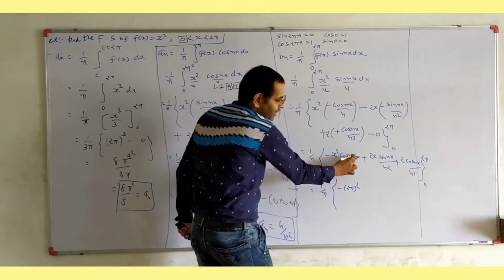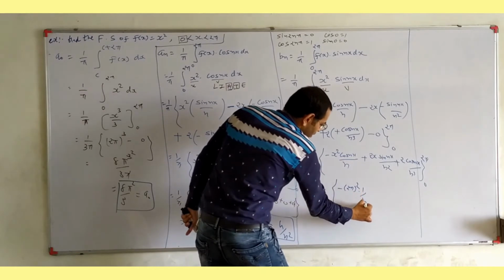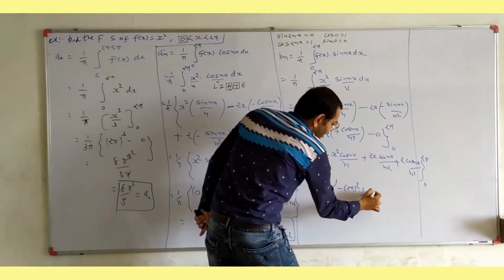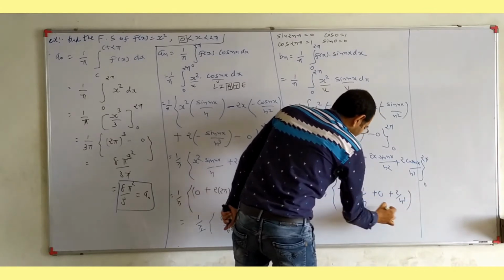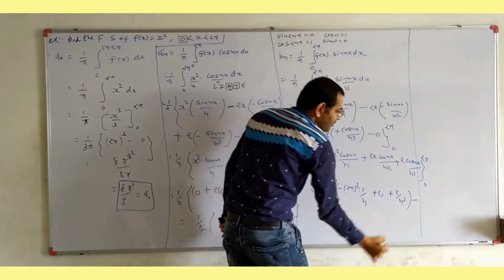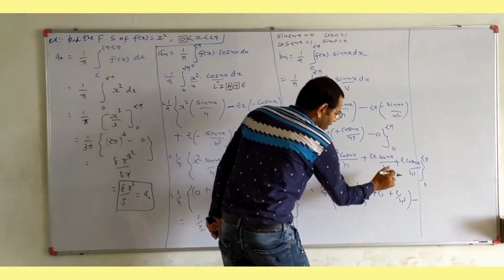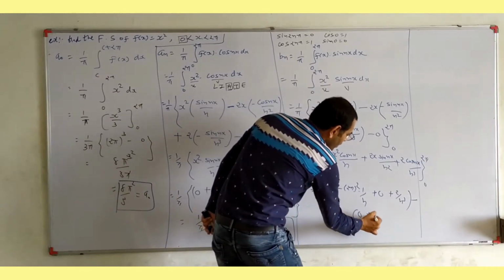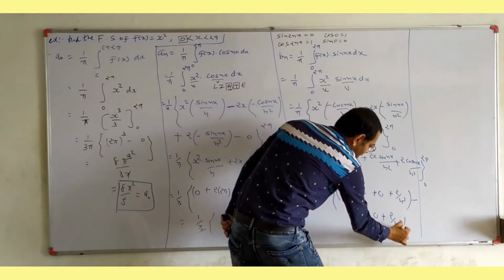Now upper limit minus lower limit, and here 1 upon pi, minus 2 pi square. Replace x as 2 pi, then 2n pi, then cos 2n pi is 1, then 1 upon n, sin 2n pi is 0, cos 2n pi is 1, then 2 by n cube. Upper limit minus lower limit: 0 into anything is 0, and cos 0 is 1, then 2 by n.